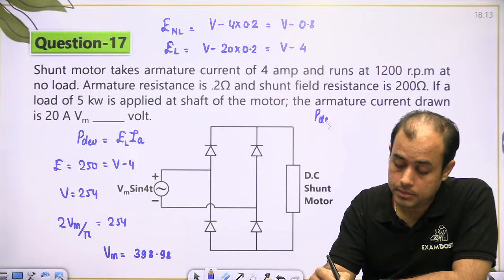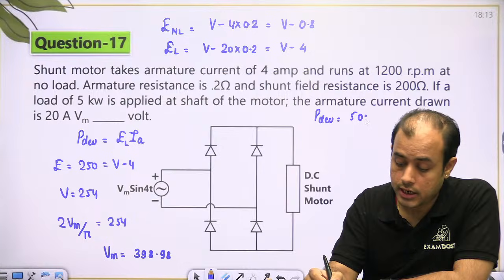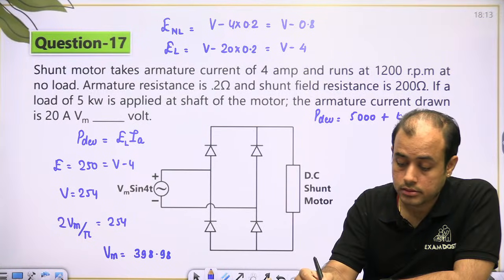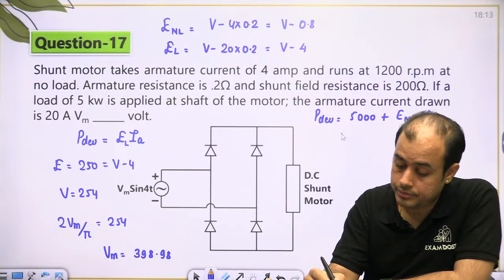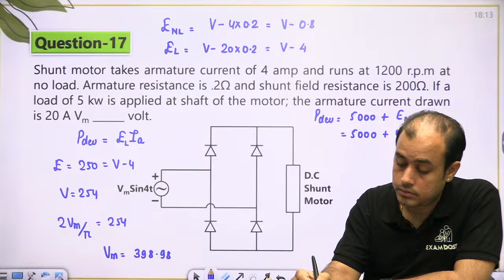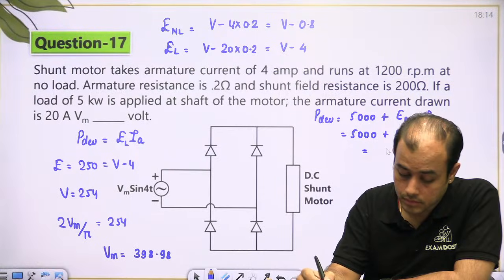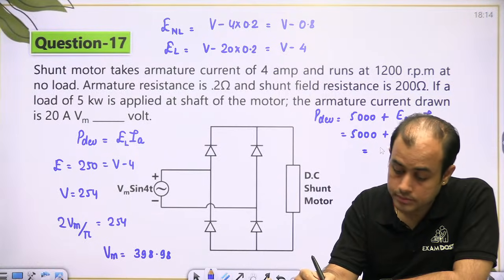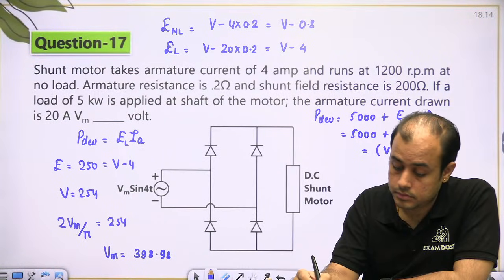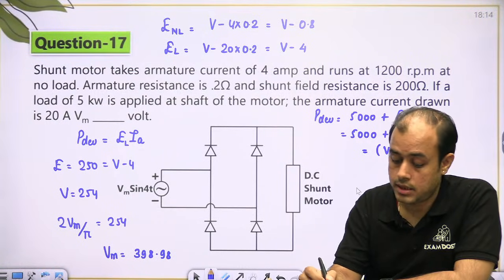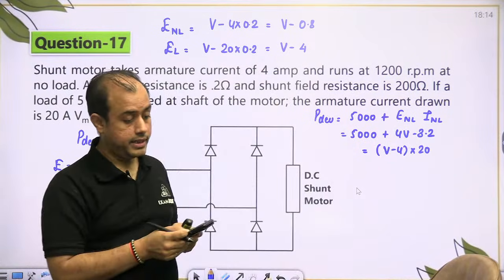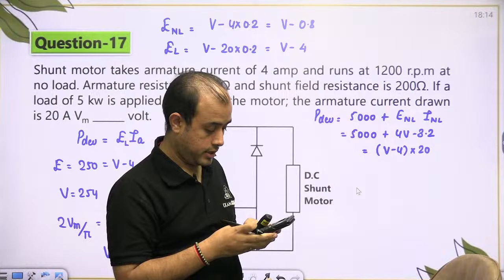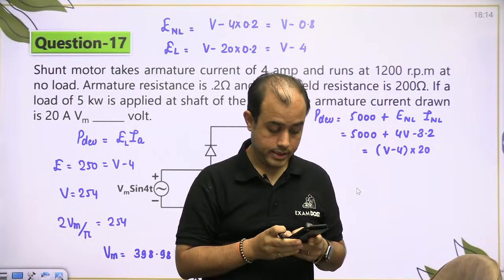Now P developed is shaft power. Where will V come from actually? So 20V minus 80, 5000 minus 3.2 plus 80.